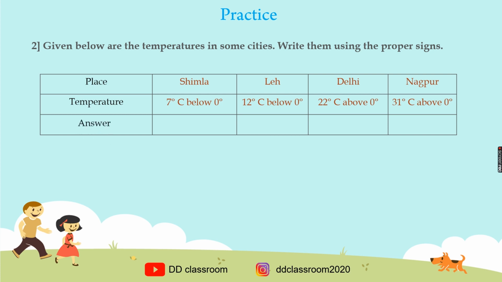Now look at the answers. First one Shimla is the -7 degree Celsius. Leh -12 degrees Celsius. Delhi is the 22 degrees Celsius and Nagpur is the 31 degree Celsius.